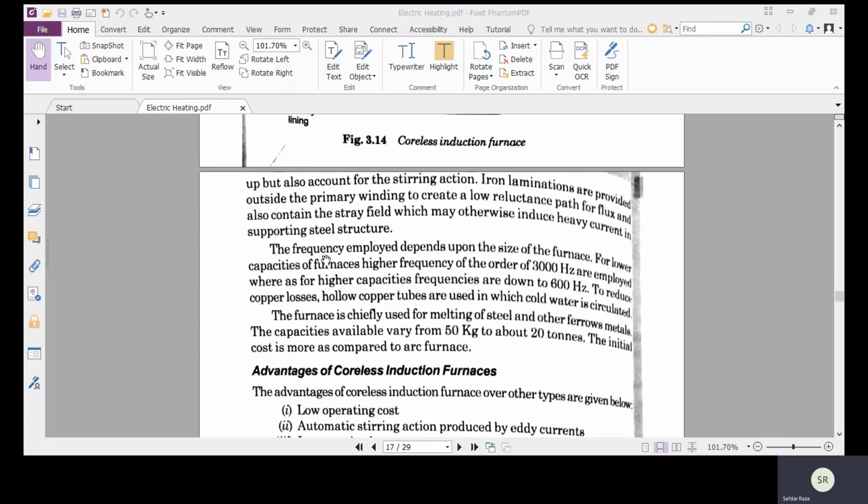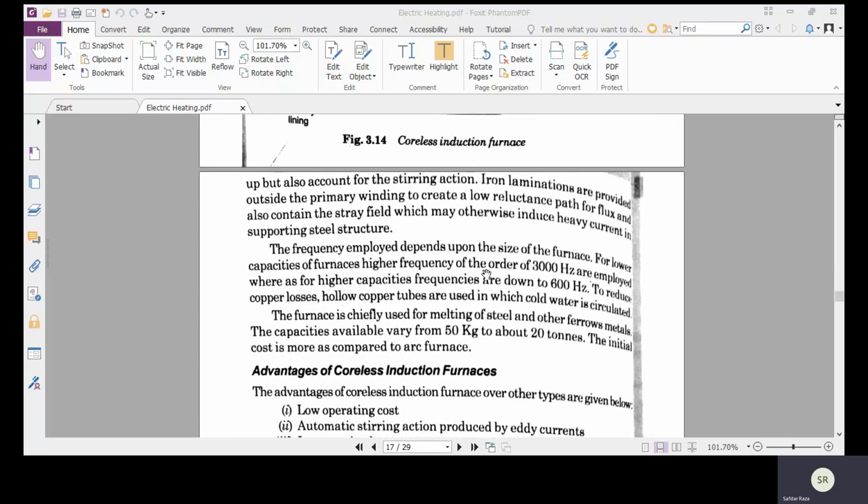The frequency employed depends upon the size of the furnace. For lower capacities of furnaces, higher frequency of the order of 3000 Hz is employed, whereas for higher capacities, frequencies are down to 600 Hz. If the capacity of the furnace is small, then the frequency range is high.